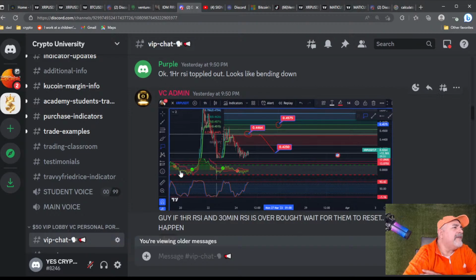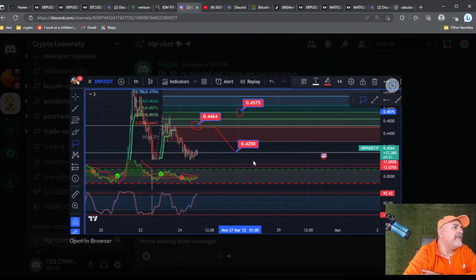All right, so yesterday, this is the 1 hour, right? So here's your 1 hour at 9:50 yesterday. XRP was at 42. Let's blow that up real quick. 42.50, right? This is our buy zone in this area here. So the 30-minute was green moon already. The 1 hour, we were just tracking the 1 hour push. So this was our buy at 42.50.